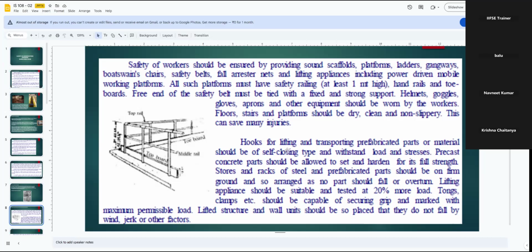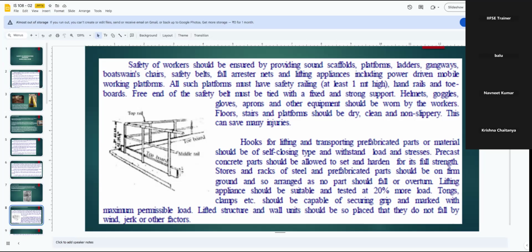And hooks for the lift and for transporting prefabricated parts or material should be of the self-closing type and also withstand the load and the stresses. Precast concrete parts should be allowed to set and harden to full strength. If you are using any precast material, we should give certain time to settle down till it reaches the full strength.